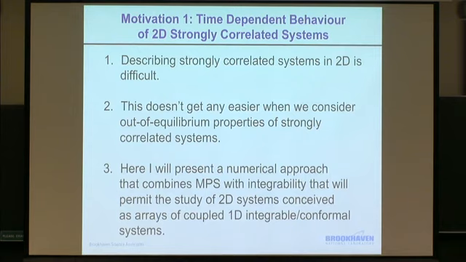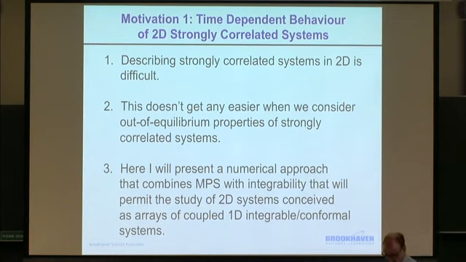It's, of course, much more difficult to study non-equilibrium behavior in 2D systems. And so the way we will chip away at this problem in this talk will be to combine matrix product state technologies together with, as I said, information coming from integrability, to see what progress we can make.